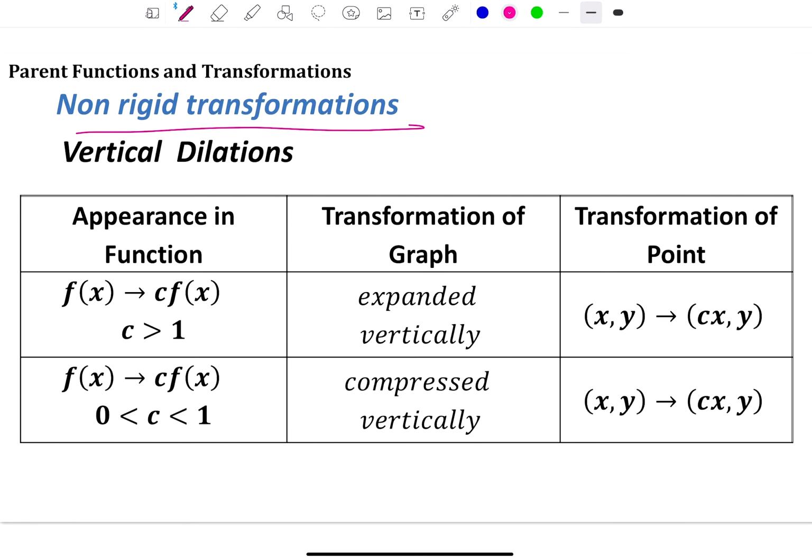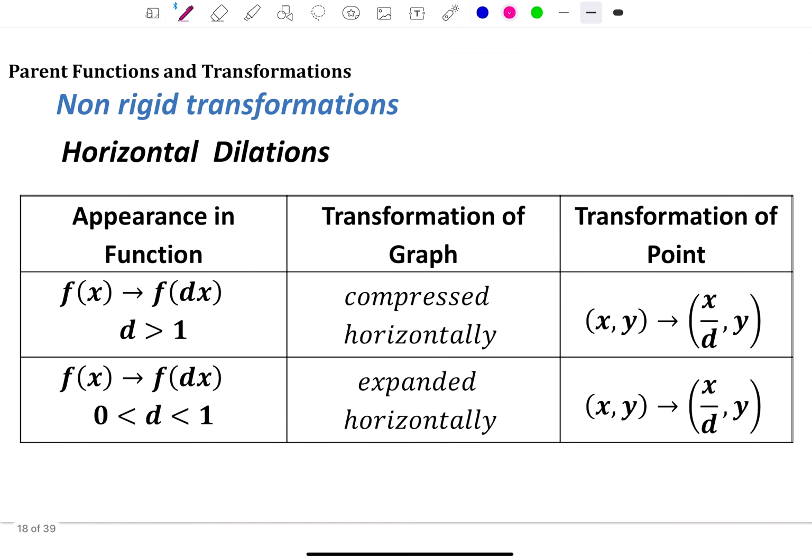Non-rigid transformations, these are vertical dilations. Non-rigid transformations actually distort the shape and size of the graph. So if we have a number c multiplied in front of my function f of x and c is greater than 1, then my graph will be expanded vertically. If c is between 0 and 1, then the graph will be compressed vertically.